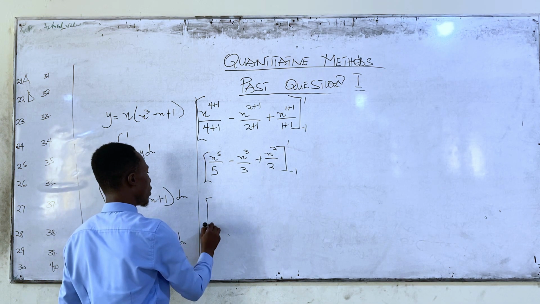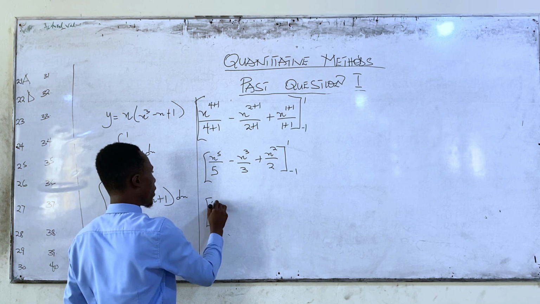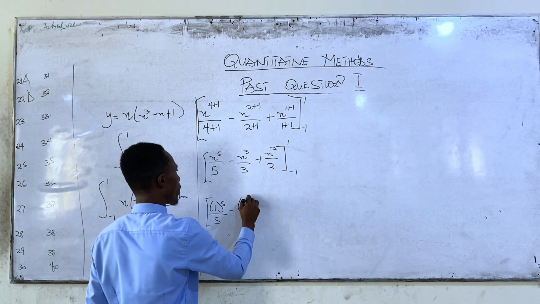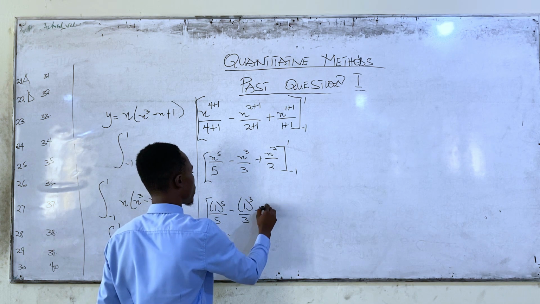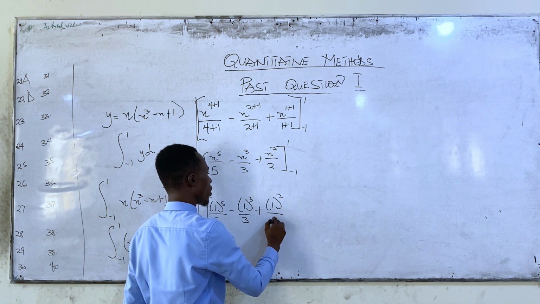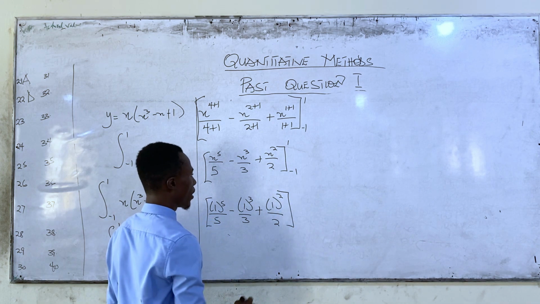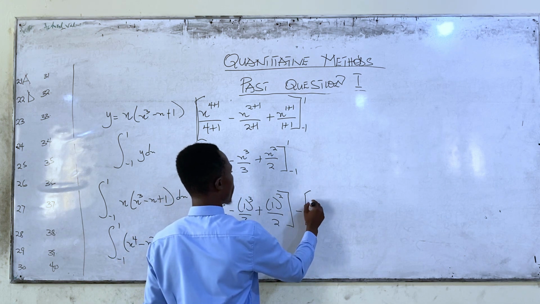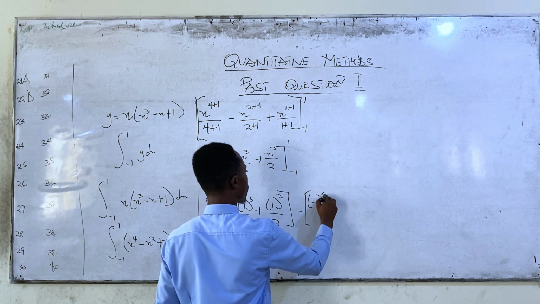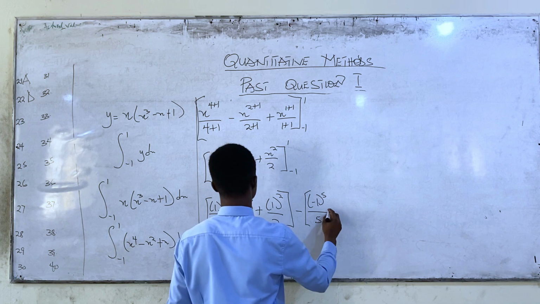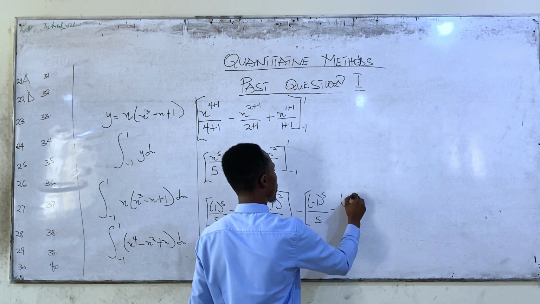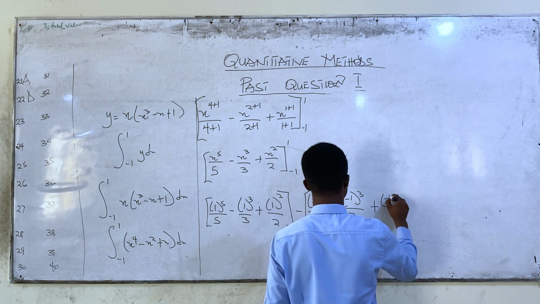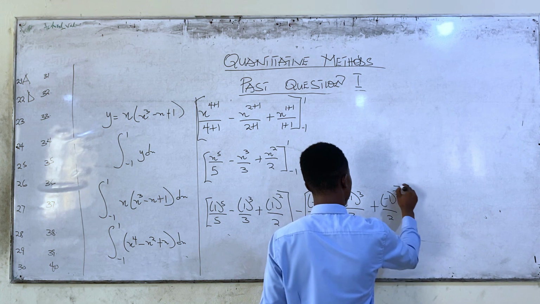So we have 1^5 over 5 minus 1^3 over 3 plus 1^2 over 2. We are done with the upper limit. We say minus, then we do the same for the lower limit, which is negative 1 exponent 5 on 5 minus negative 1 exponent 3 on 3 plus negative 1 exponent 2 on 2.